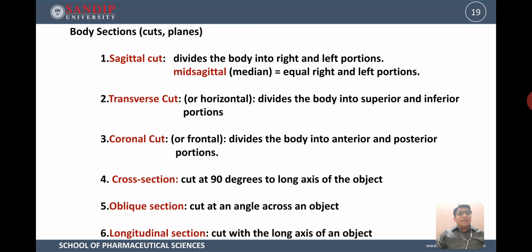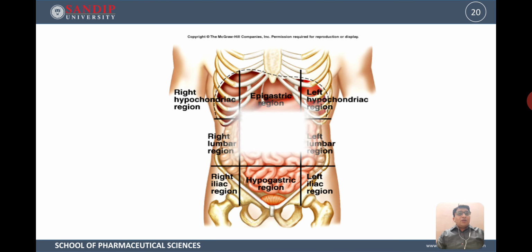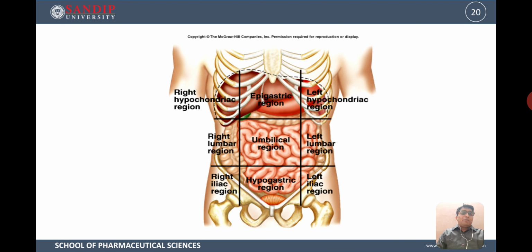Now these are the definitions you can observe. Now into the next one, you can observe this simple figure. Right hypochondriac region, left hypochondriac region. It means the body is divided into right and left sides after the sagittal cut.